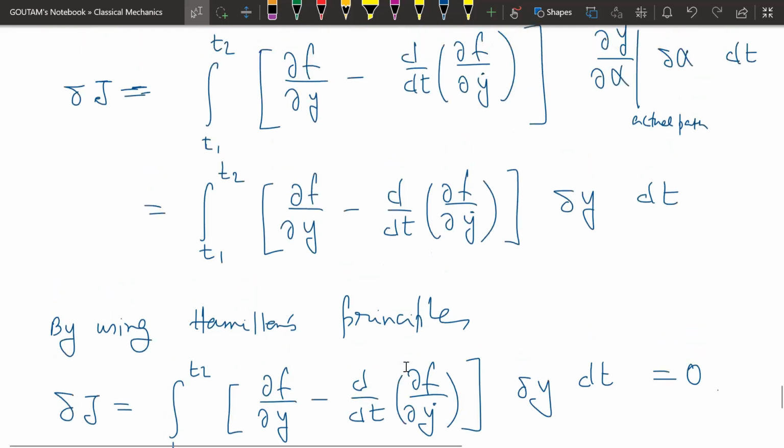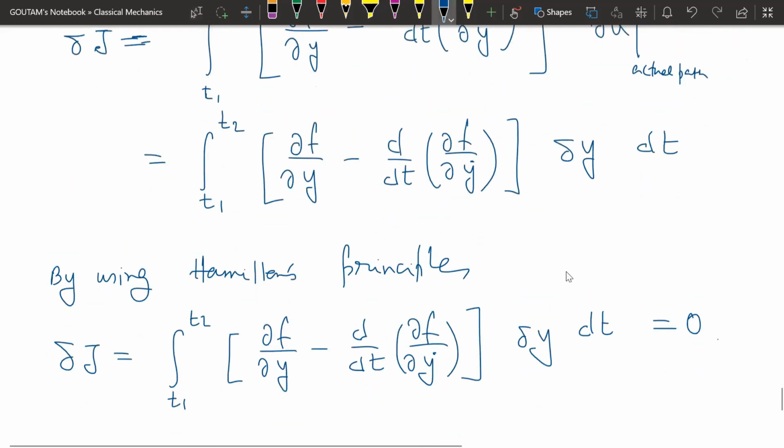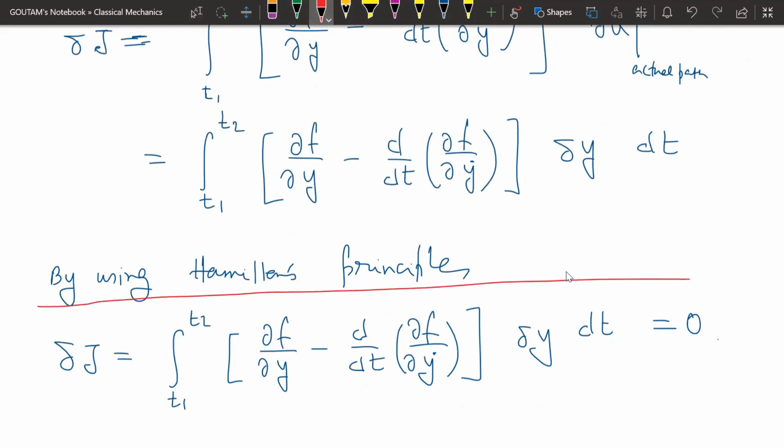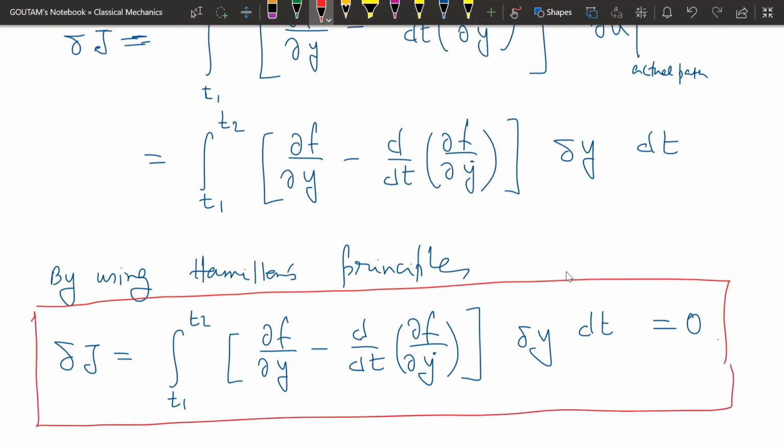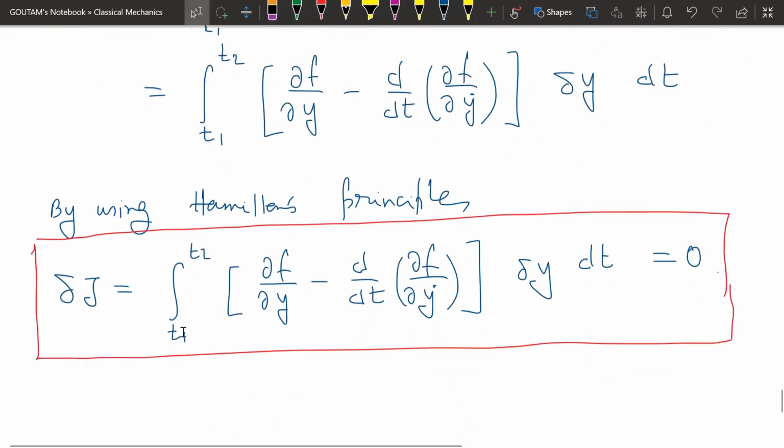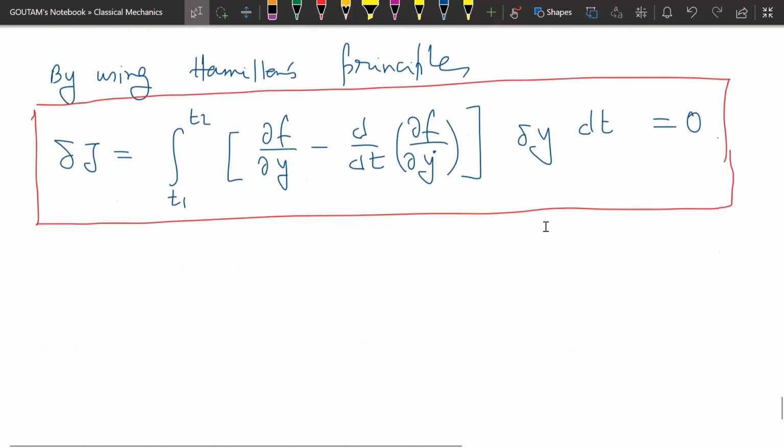This is the condition we have on this action integral. That is, the variation of this action with respect to the actual path, for an infinitesimal variation from the actual path, will be zero. That means the action is stationary along this actual path.